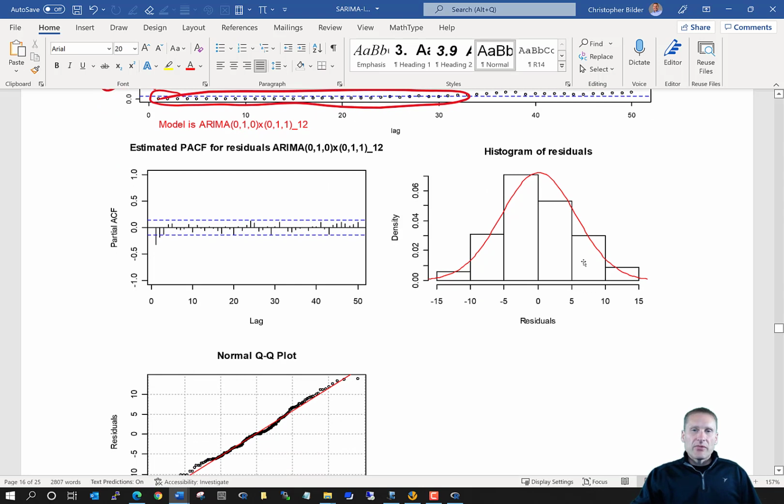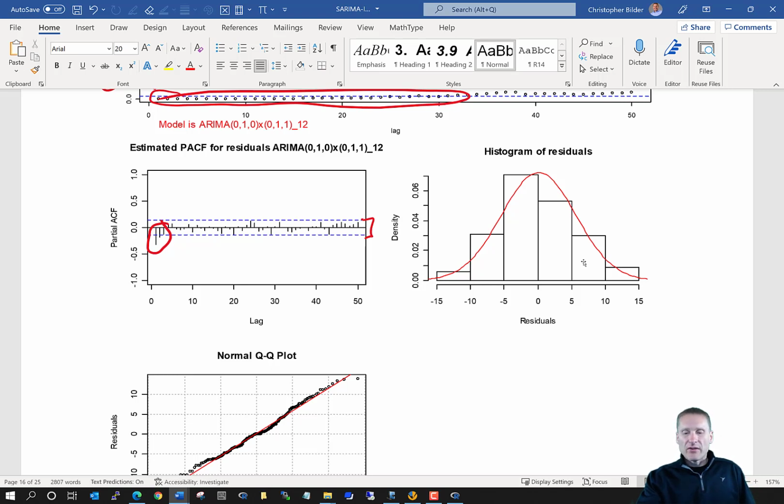As for the estimated PACF plot, what we would expect, since I don't have that non-seasonal component for the moving average model, is a tailing off to 0 starting at lag 1, and indeed that's what we have. All the other partial autocorrelations are within our boundary lines.